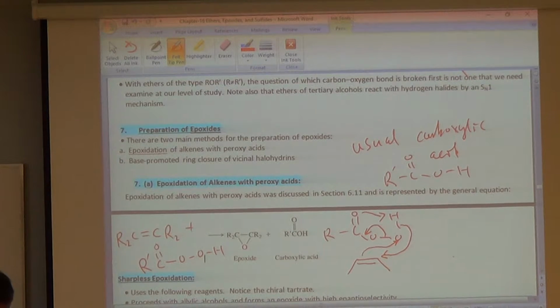So what you produce is not this single double bond. You will produce a single bond here. And then this O is grabbed away from your peroxide acid.